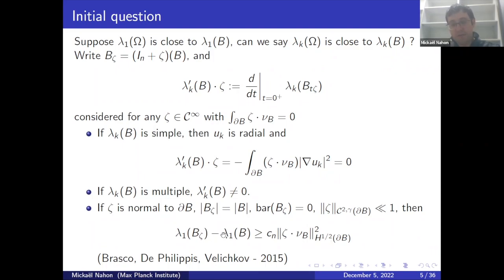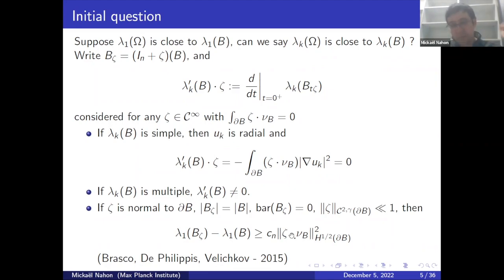So you know that it's a strict minimum with a very quantified lower bound like this. So you see that lambda 1 of (B plus zeta) is larger than lambda 1 of B plus the H^{1/2} norm of zeta squared.